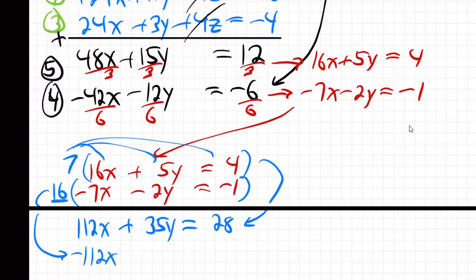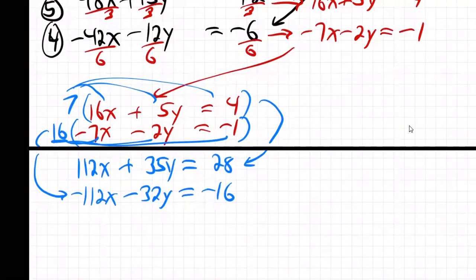This 16 is going to go boom, boom, boom. And we'll get minus 32y equals minus 16. That good? And then we add them up. See how we made the x's cancel? So this is all step 2.